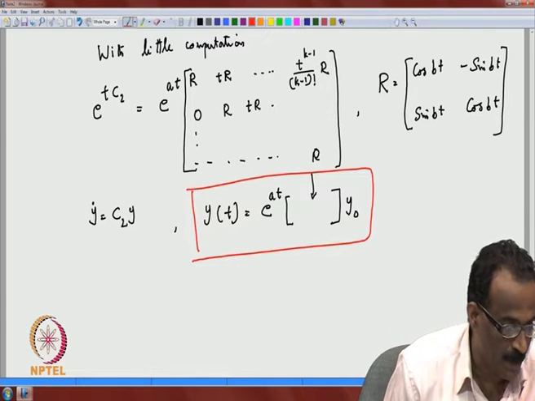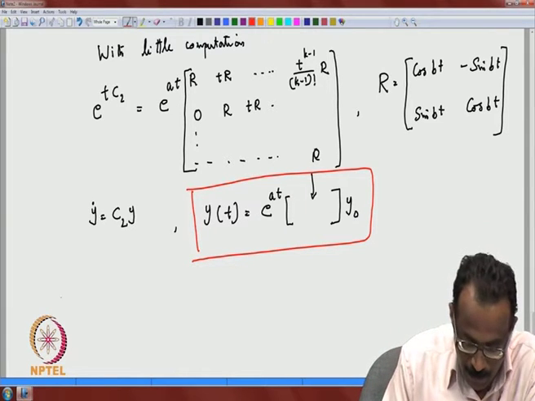Maybe we will write a corollary in that form.